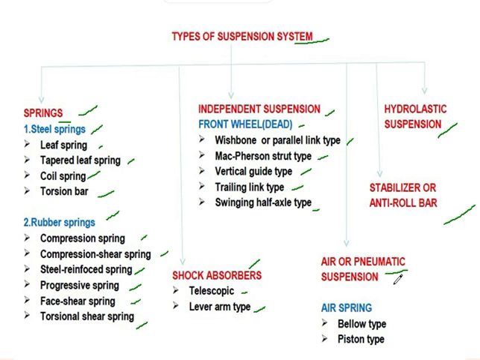Air suspension system is further classified as air spring. There are two types of air springs, first bellow type and second piston type. Other suspension systems are the stabilizer or anti-roll bar, and hydroelastic suspension. These are the basic types of suspension system.